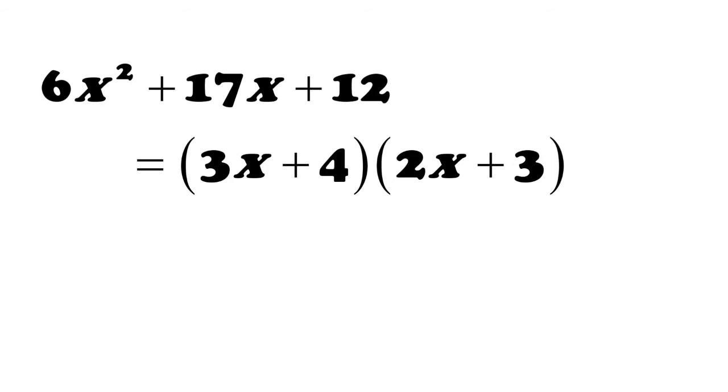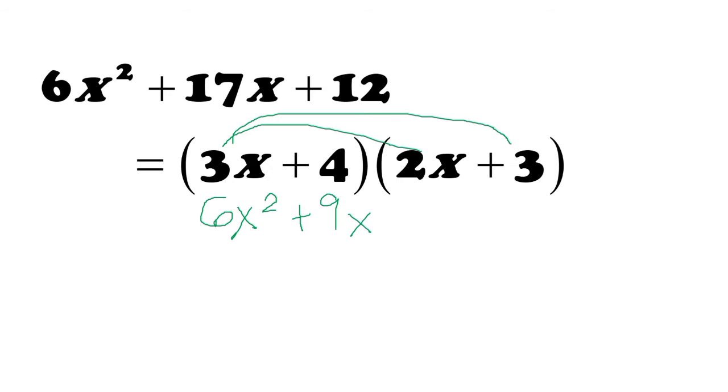If we want to check this one out, using the FOIL method, 3x times 2x, we have 6x squared. Then the other one, 3x times 3, we have 9x. Then 4 times 2x, we multiply that, and the result is 8x. And 4 times 3, we have plus 12.